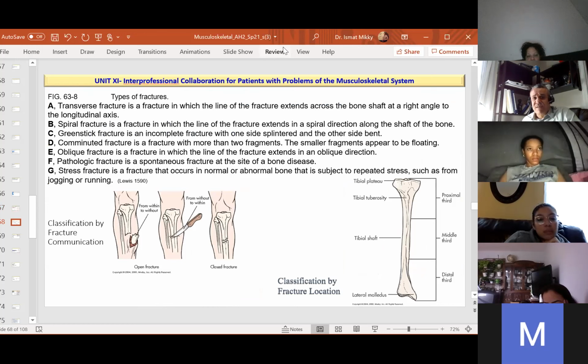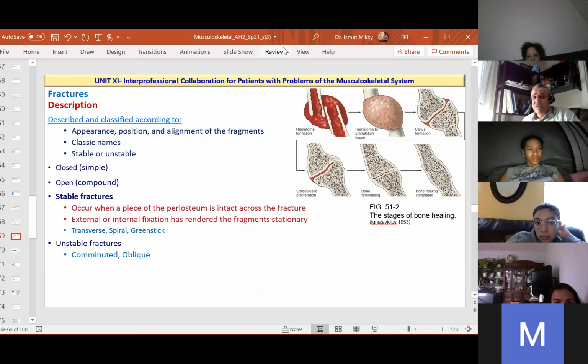Spiral fracture versus green stick fracture, for example. The green stick fracture is an incomplete fracture. Another classification is complete or incomplete, stable or unstable. I'm not going to spend much time on this because it's just about the classification systems.